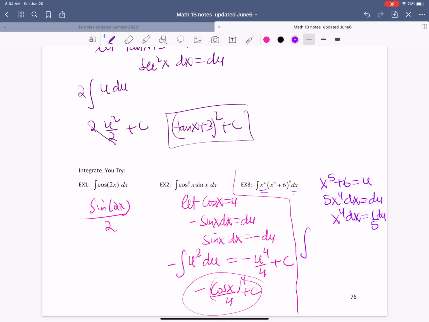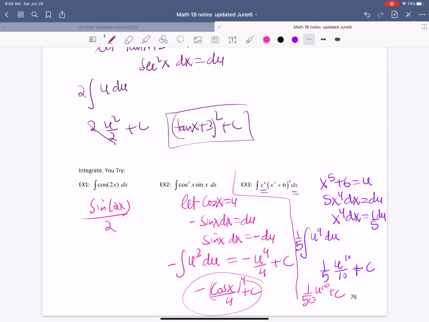That expression becomes 1/5 u to the 9th du. 1/5 u to the 10th over 10 plus c, which is 1 over 50 u to the power 10 plus c.